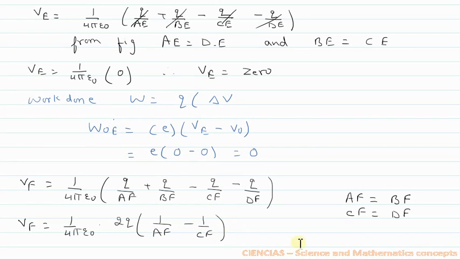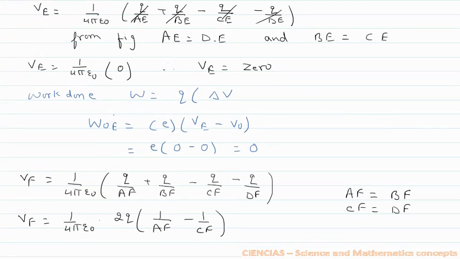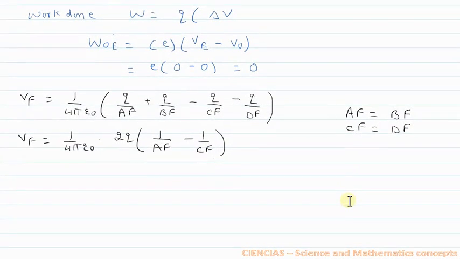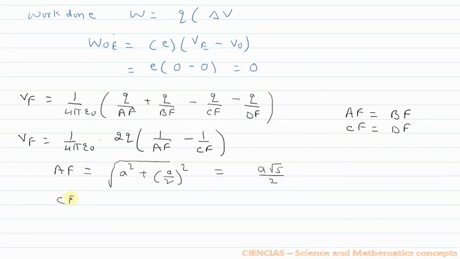Now we want to find the value of AF and CF. From the diagram, AF is equal to under root a square plus (a by 2) whole square, that is equal to a root 5 by 2, and CF is equal to a by 2.